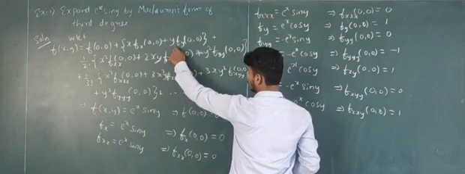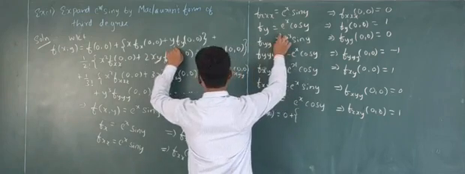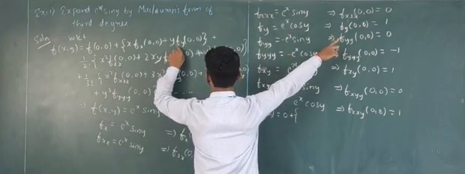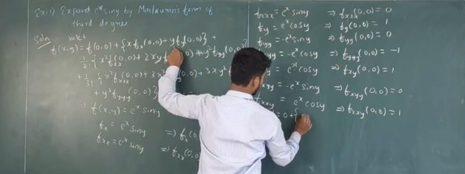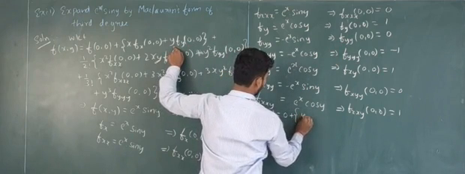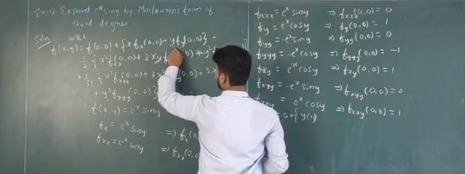Next plus y into fy, where fy of 0 comma 0 is 1. So we can write y into 1.